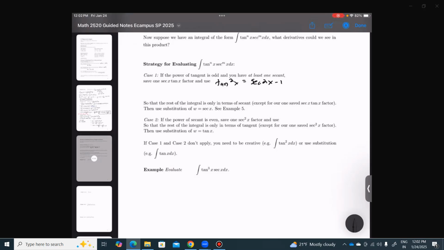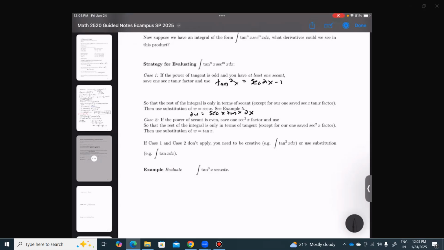And so with this, the rest of the terms will only be in terms of secant, except for the one that we save with the tangent, and then we can substitute in w for secant x, and dw then equals secant x tangent x. That's why we need to save one of them. And that's case 1.